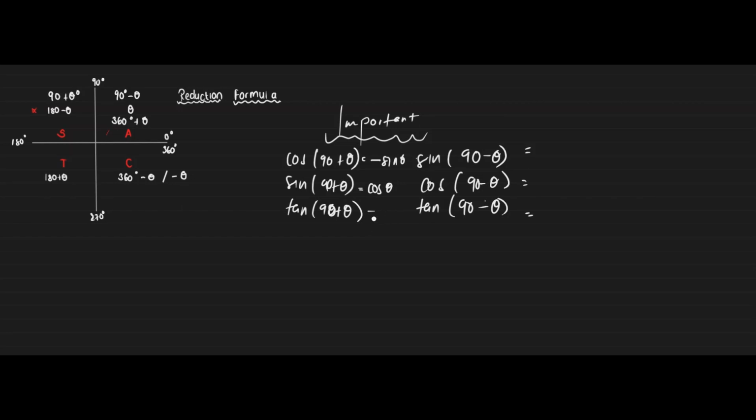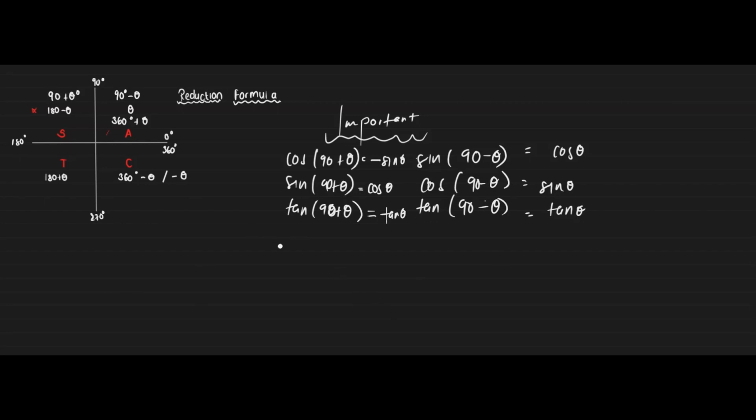And the last one is going to just remain the same, being minus tan theta. Then here it's 90 minus theta, where everything is positive. So this is going to be cos theta, sine theta, and the last one is going to be tan theta. So remark, tan remains the same, only cos and sine change.